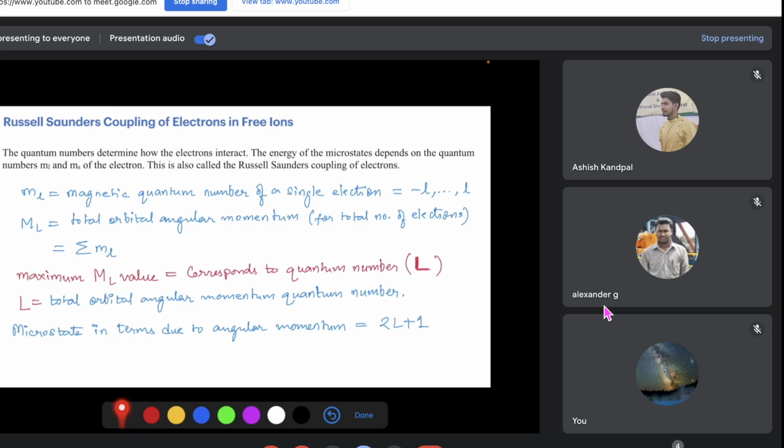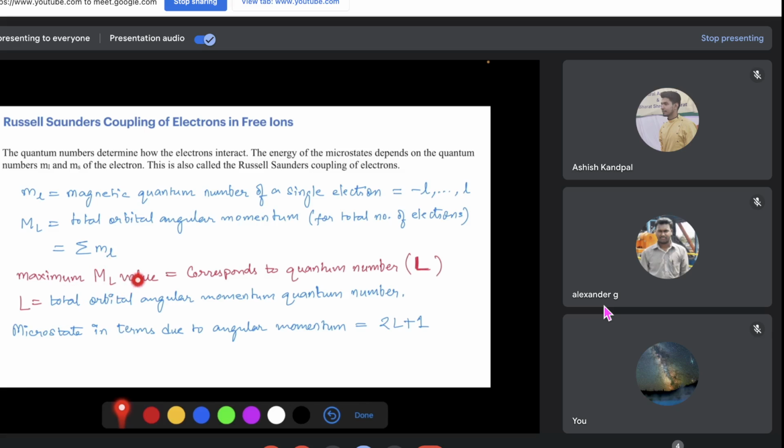The ml magnetic quantum number of a single electron goes from minus L to plus L. The capital ML is the total orbital angular momentum for the total number of electrons, and it is the summation of ml.